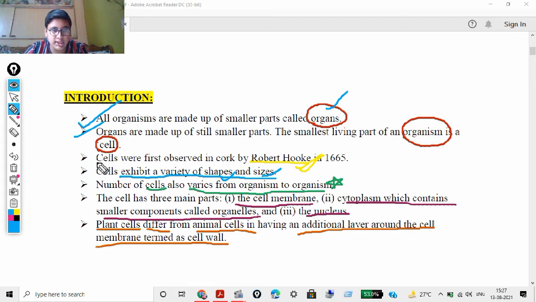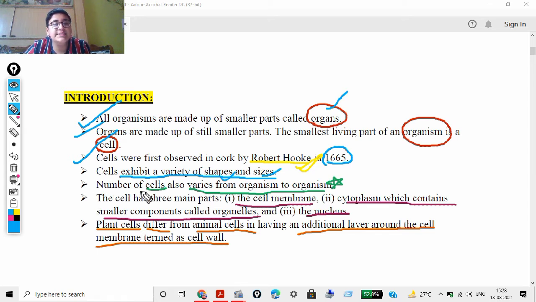Cells were observed by Robert Hooke in 1665. This has been also covered. Cell exhibits a variety of shapes and sizes. Cells can exist in a variety of sizes and shapes.